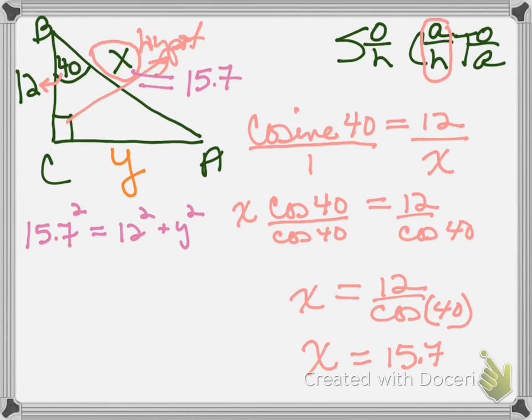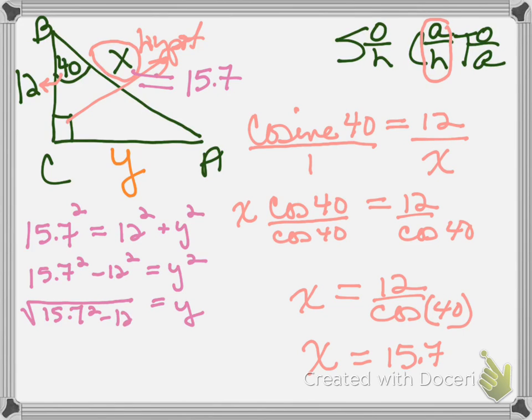Okay, so let's go through this exercise. So what is y going to be? So without grabbing my calculator yet, I have 15.7 squared minus 12 squared equals y squared. So therefore y is going to be the square root of 15.7 squared minus 12 squared.